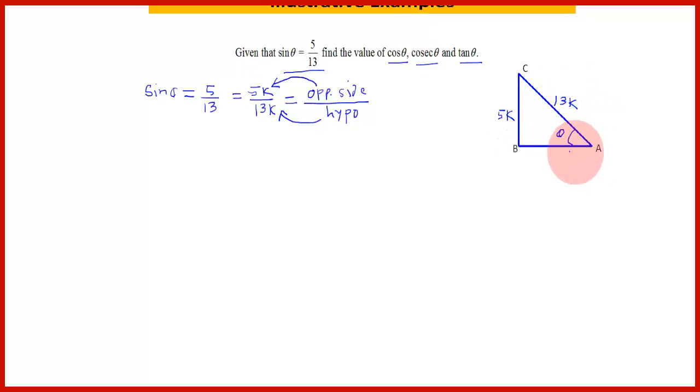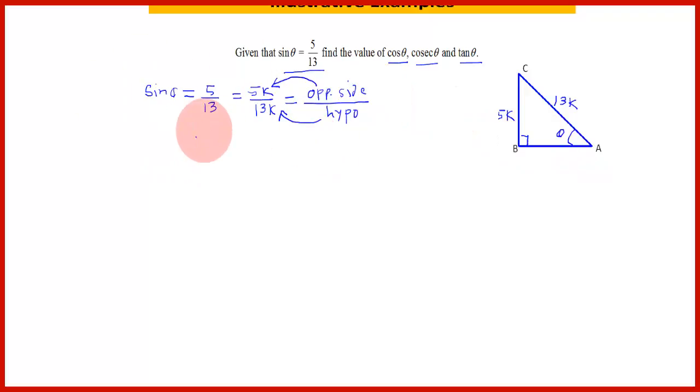We do not know the adjacent side, so first we will have to find the adjacent side, and since triangle ABC is a right angle triangle, right angled at B, we can apply the Pythagoras theorem to find the side AB.